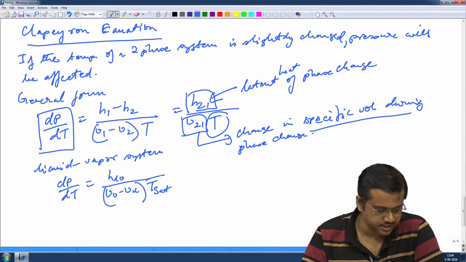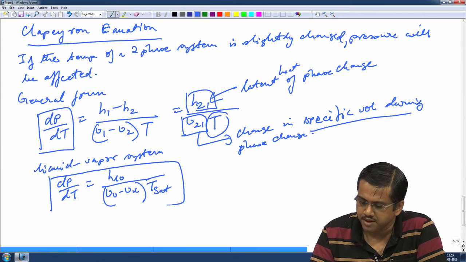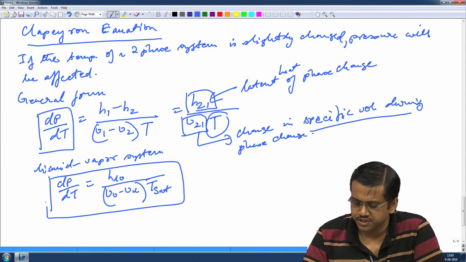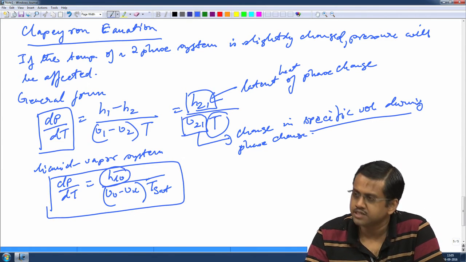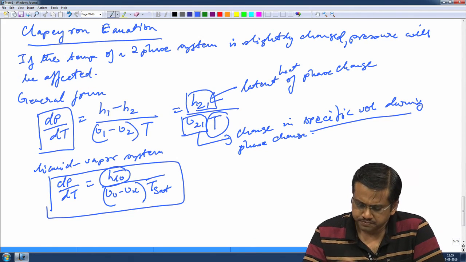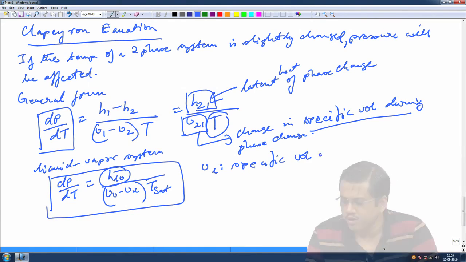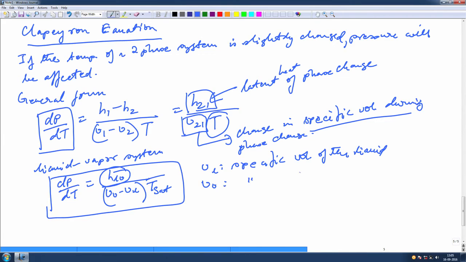So, this particular relationship is the same, except that this is now the latent heat of vaporization essentially. Now, V_l is the specific volume of the liquid, and V_v is the specific volume of the vapor.